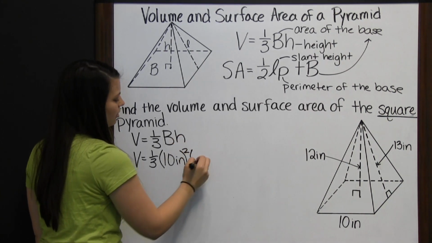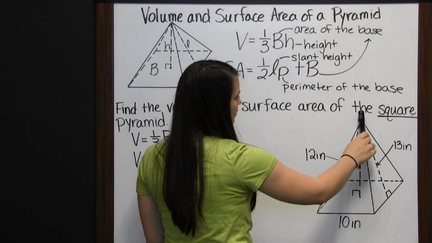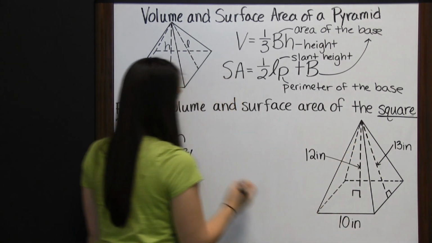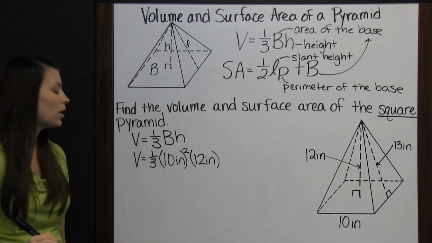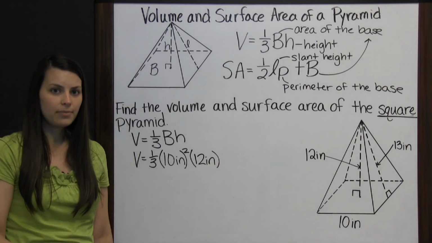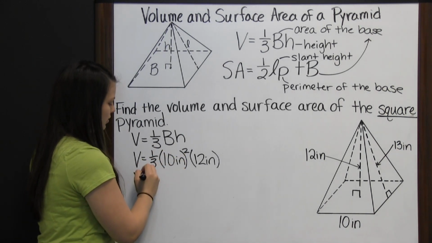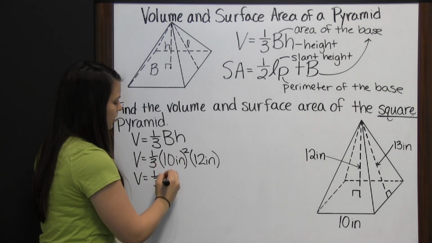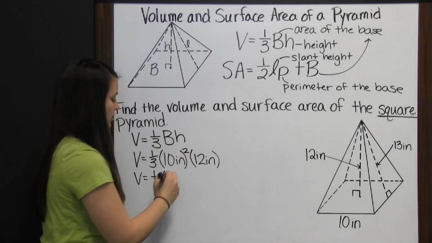Times the height of the pyramid, and the height is the altitude or the perpendicular segment from the vertex to the base. So that's 12 inches. I need to follow my order of operations, so I'm going to have to square 10 inches squared first. Volume is 1/3 times 10 inches squared. 10 squared is 100.